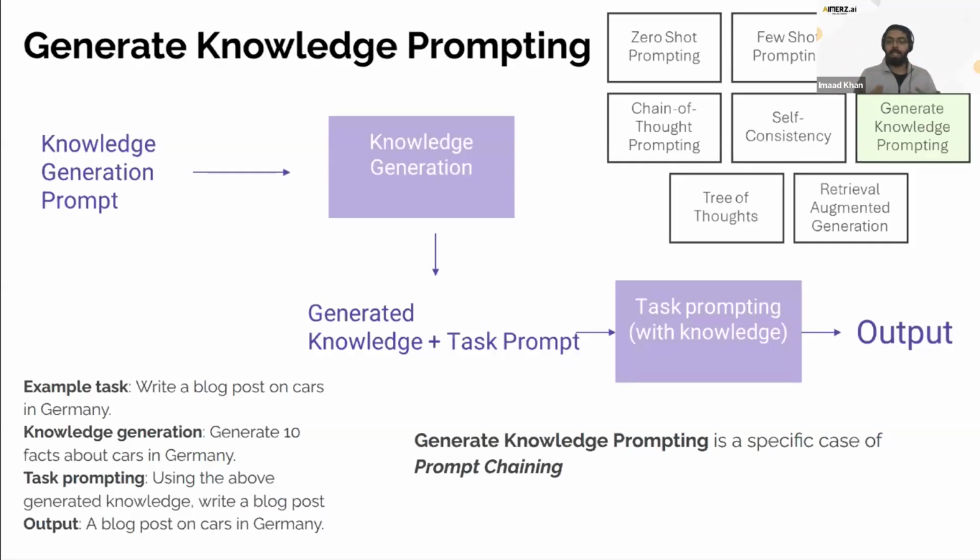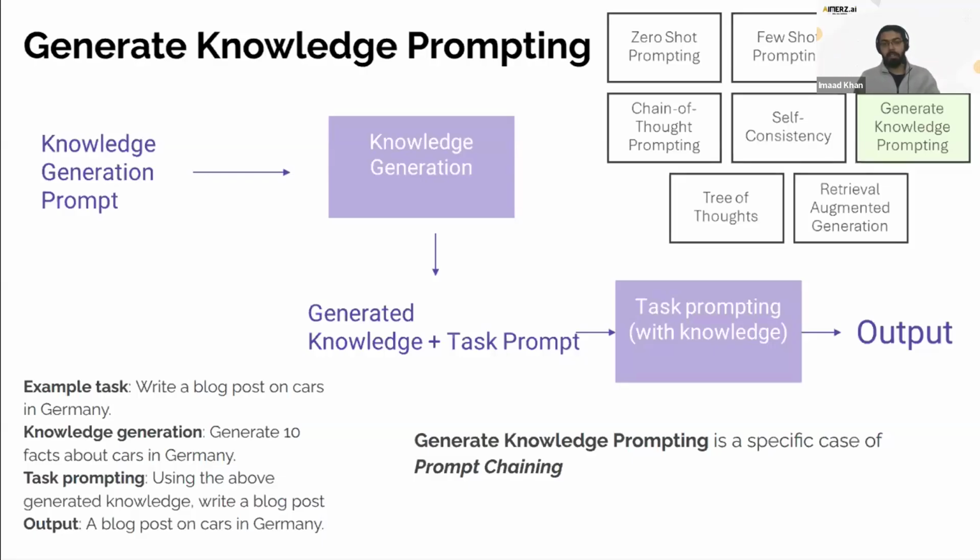So this is essentially what we call prompt chaining. Prompt chaining is a way of prompting where you chain different prompts next to each other, where the input of one prompt is dependent on the output from the previous one, and then you come up with a final output.